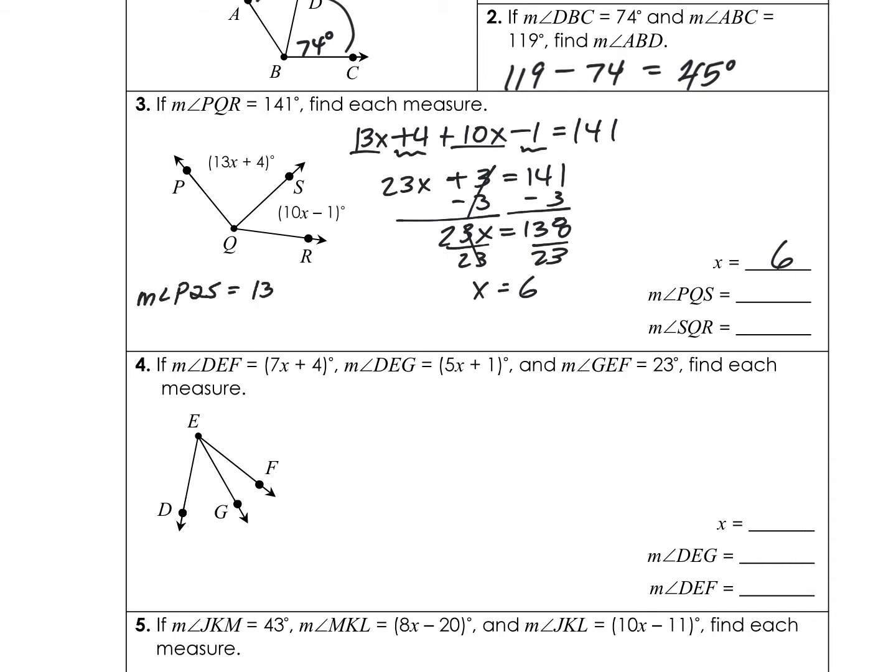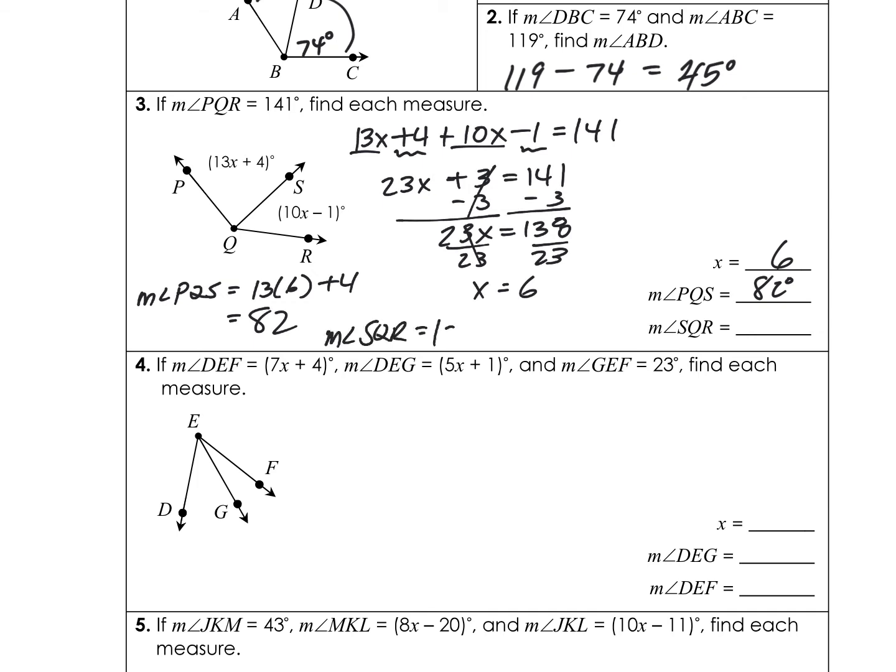Okay, so the measure of angle PQS is equal to 13 times 6 plus 4. And 13 times 6, that's 60 plus 18. 78 plus 4 is 82. 82 degrees. And then the measure of angle SQR is equal to, ran out of room. Let me go over here. I'll just go a little further down.